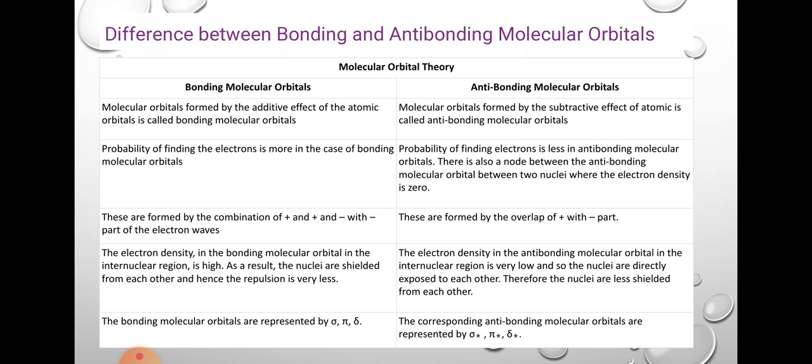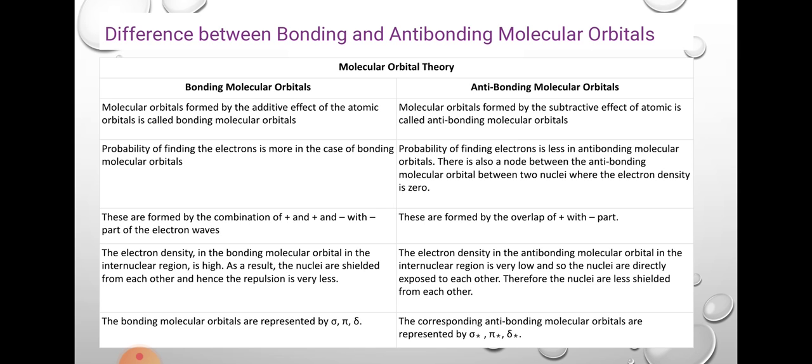BMO is formed by the combination of plus-plus and minus-minus parts of the electron waves. ABMO is formed by the overlap of plus with minus part. In the BMO, the electron density in the internuclear region is high. As a result, the nuclei are shielded from each other and hence the repulsion is very less.